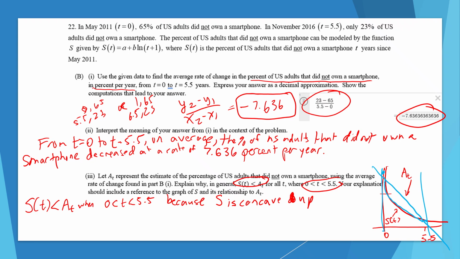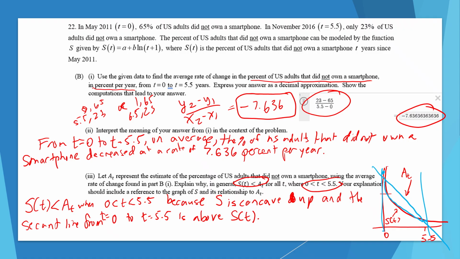So because S is concave up, and then you want to reference the secant line. And the secant line from t equals 0 to t equals 5.5 is, and then in this case, it's above S of t.